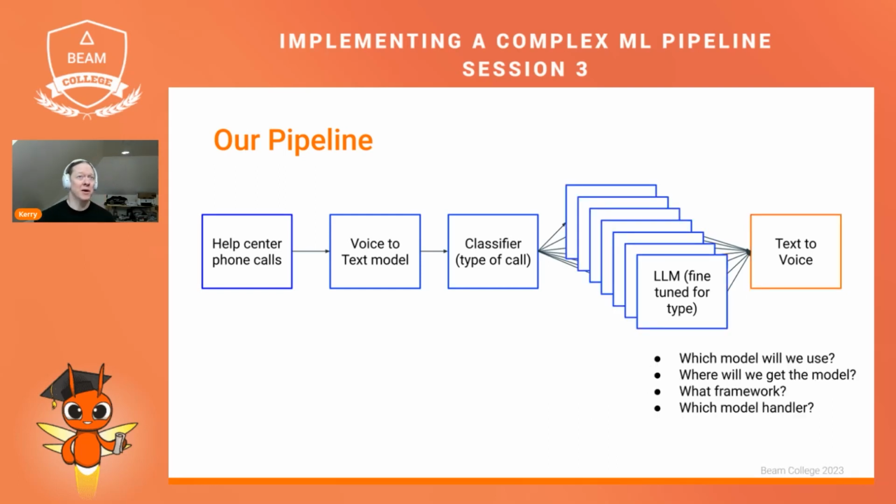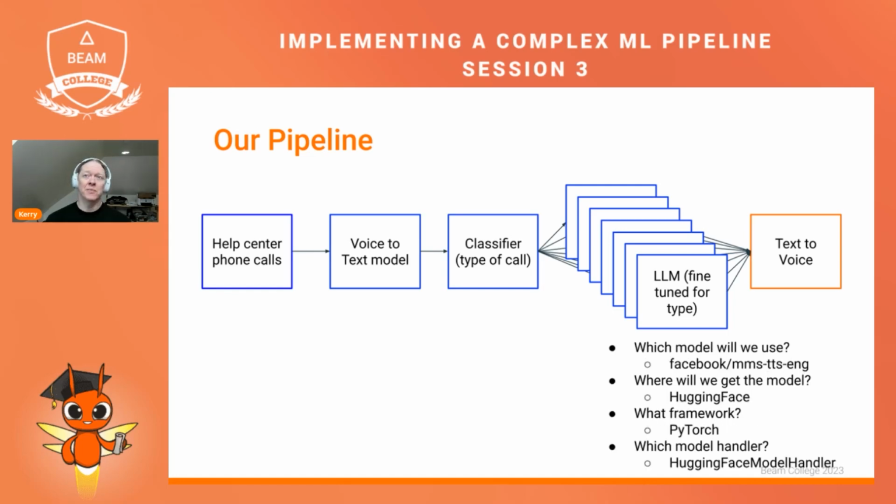Finally, at the end of the pipeline, we've got some response from the LLM, and that's going to be in text once again. And we want to transform that text response back into voice, with the idea that that's how the user gave us their input. So we will do the courtesy of returning their output in the form of voice as well. Here, of course, we're using another model.